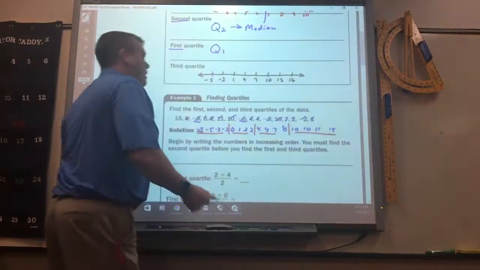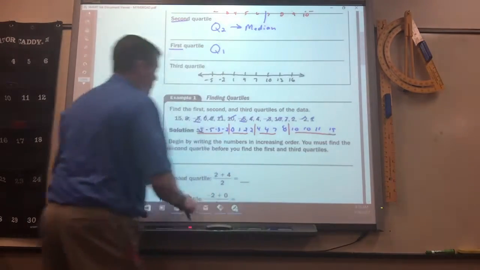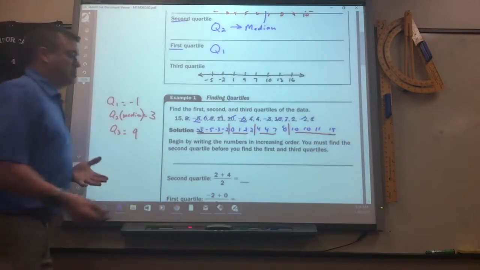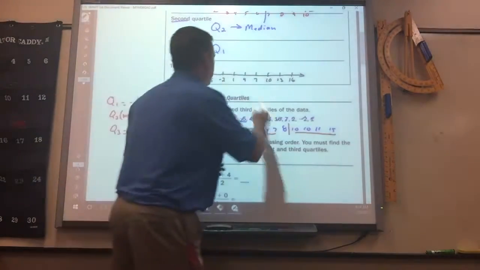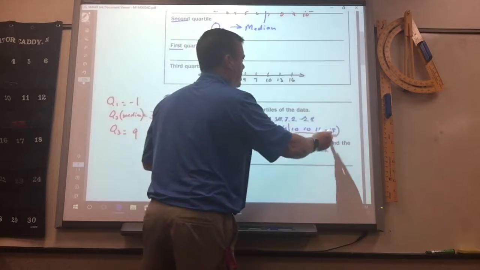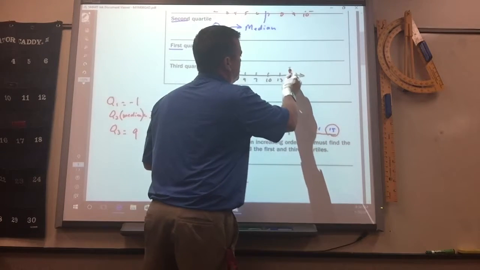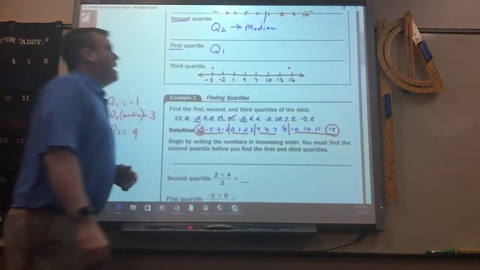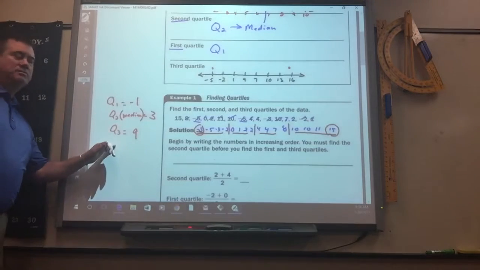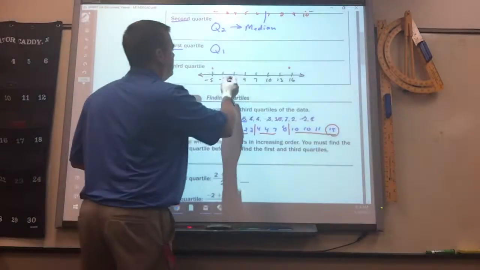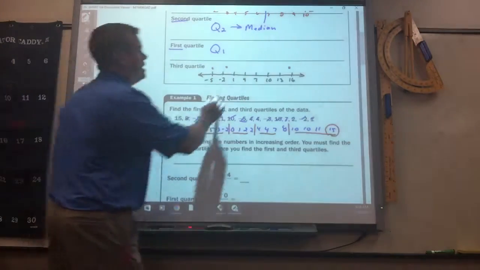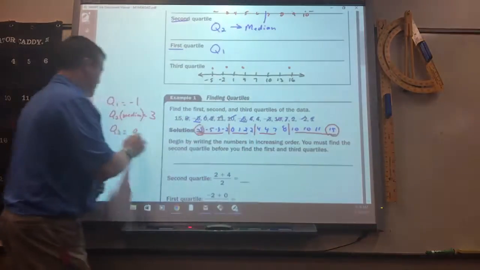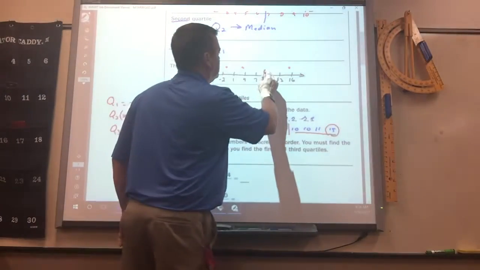So then what you do is you put the end points, the smallest one, put a dot above it. You could put it below too if you want. The biggest one, 15, we just got to estimate, it's right about there. And then you put dots at these three. Q1 is at -1. Q2 is at 3. Q3 is at 9.